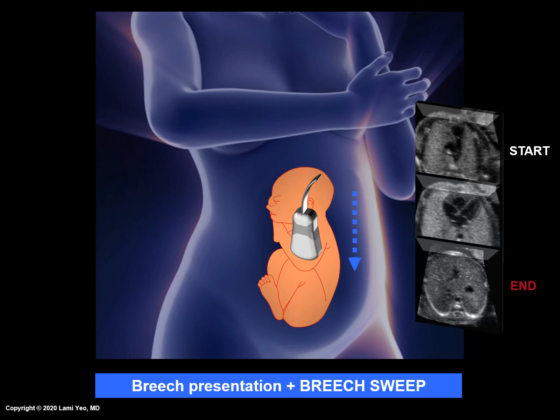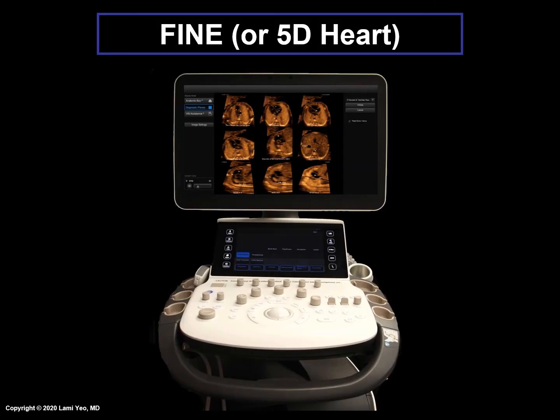However, please note that although the sweep itself is reversed, the fetus is still in a true breech presentation. After the marking process is completed, FINE will generate 9 cardiac views as shown here.